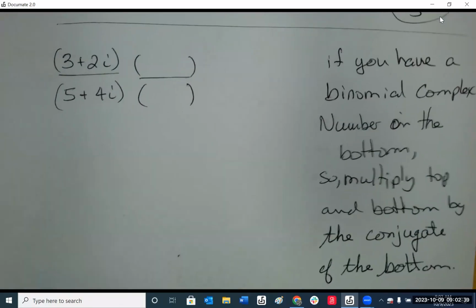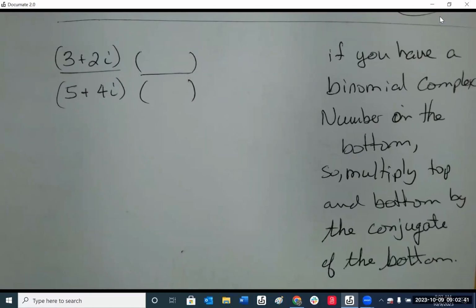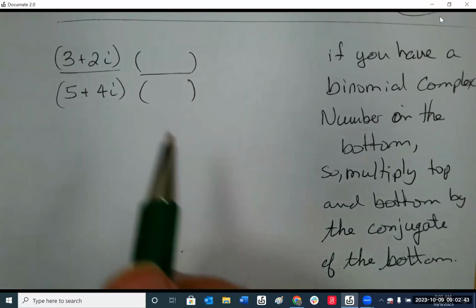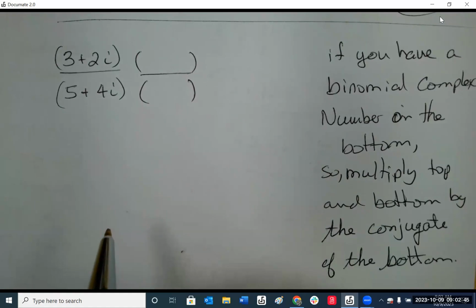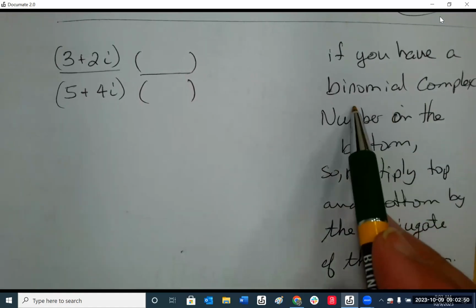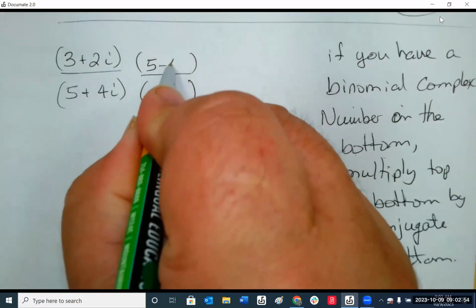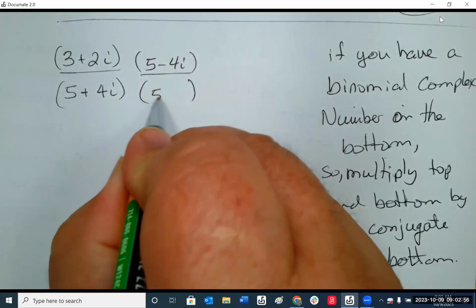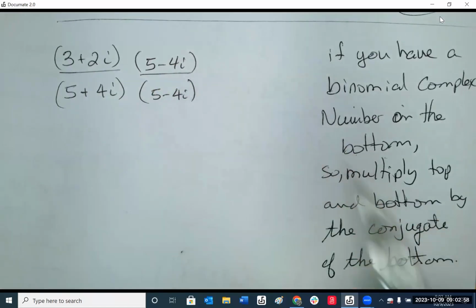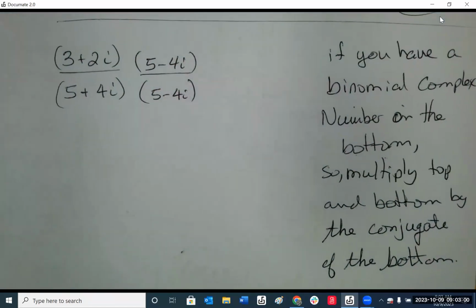What is the conjugate of our example? Nope. The conjugate of the bottom number. 5 minus 4i. Very good. Because if we don't change the conjugate, the top number will be an integer, the bottom will still be imaginary. We can't have that.